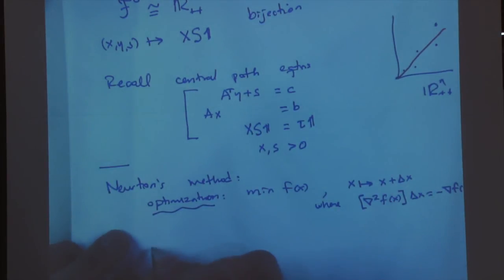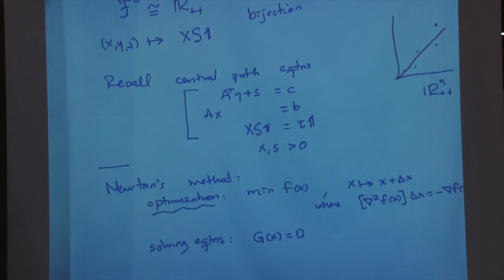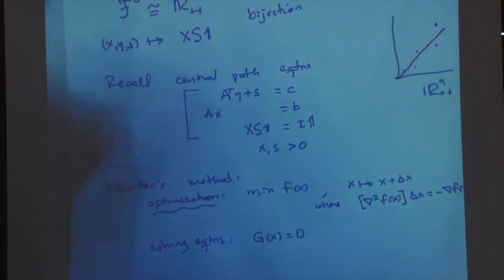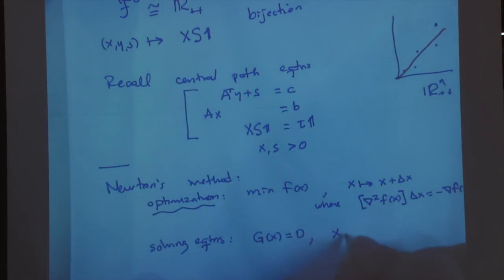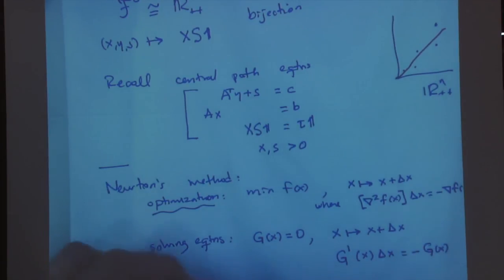And Newton's method for solving equations is, suppose that we want to solve a system of equations that is g of x equal to 0, a nonlinear system of equations, kind of like this system of equations. So what we do here is from x, we produce a new point, x plus delta x, where the delta x here is the solution to the following. We take the derivative of g of x, delta x, equal to negative g of x.